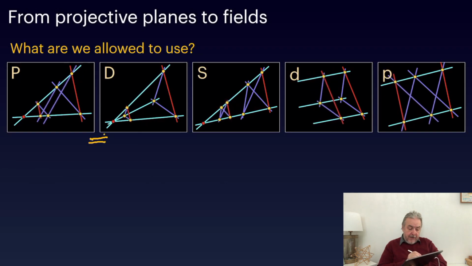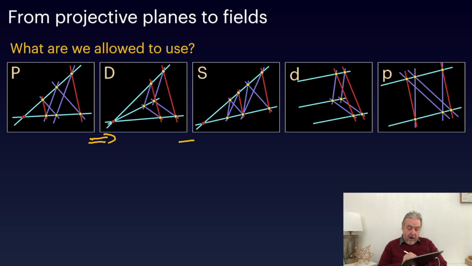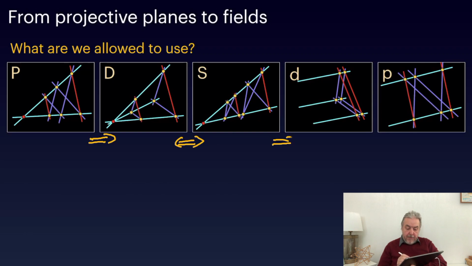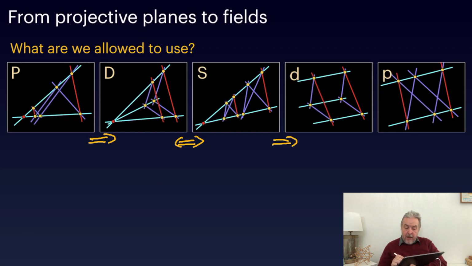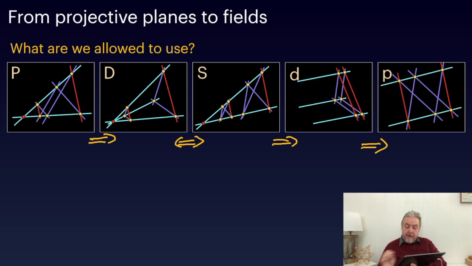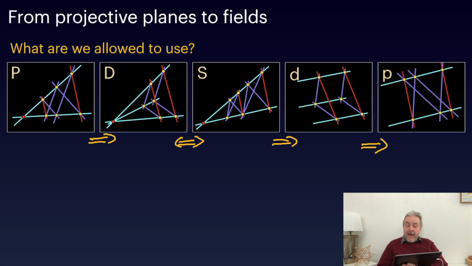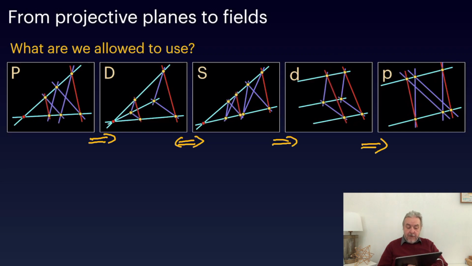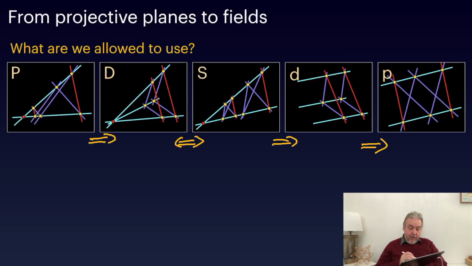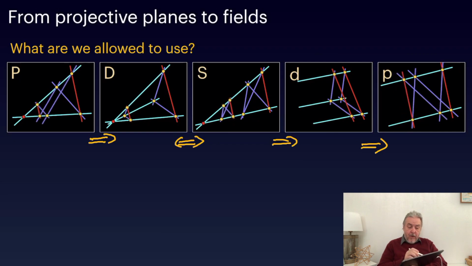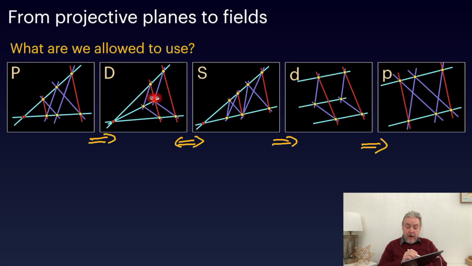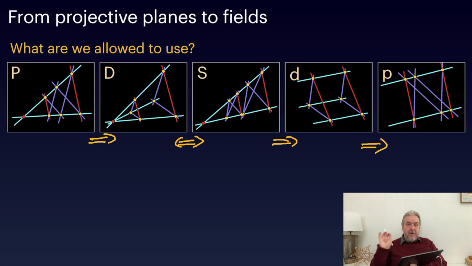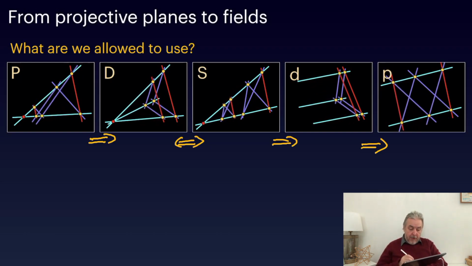So Pappus implies Desargues, which is essentially equivalent to the scissors theorem, both of them imply the little Desargues theorem, and little Desargues implies Pappus theorem, and I will try to be as restrictive as possible in the use of those theorems. This means I will mainly use everything that comes from here to here, and only sparsely use the theorem of Pappus. Actually, we will need it only in one important point.